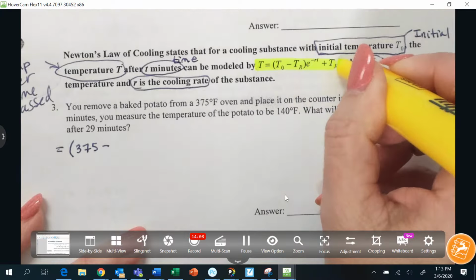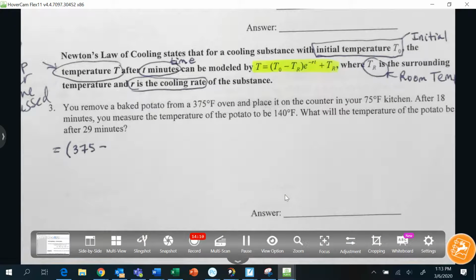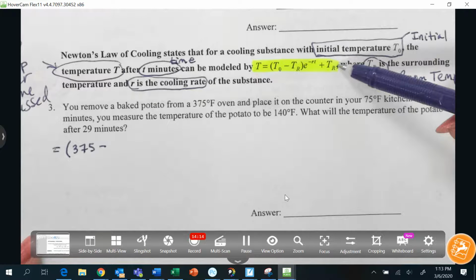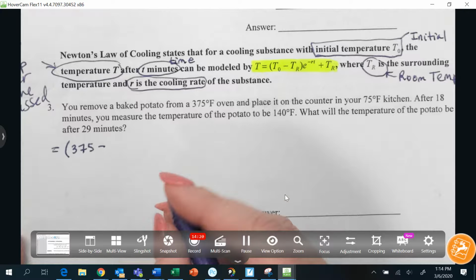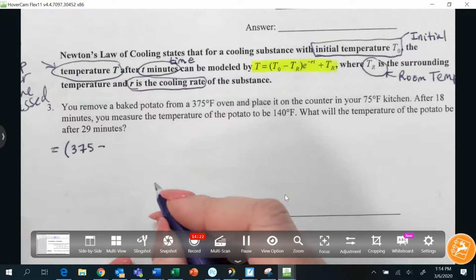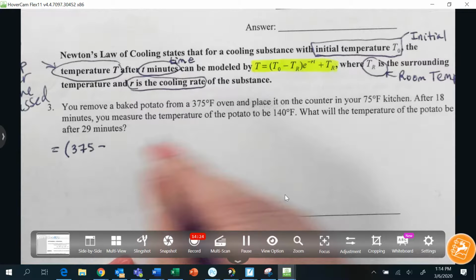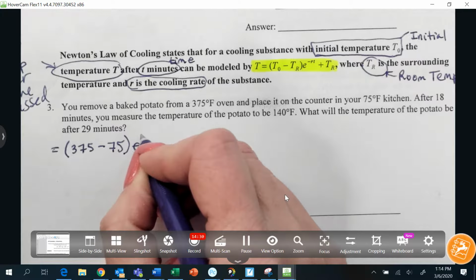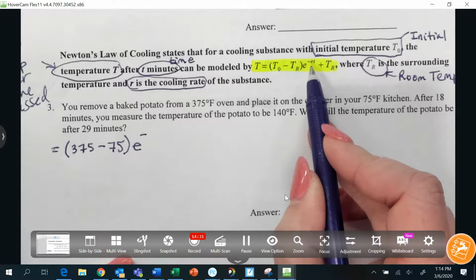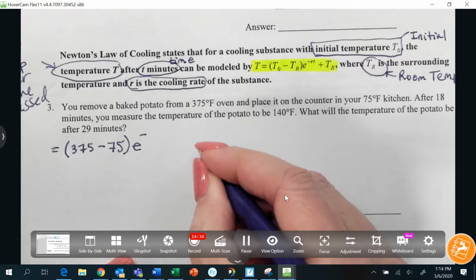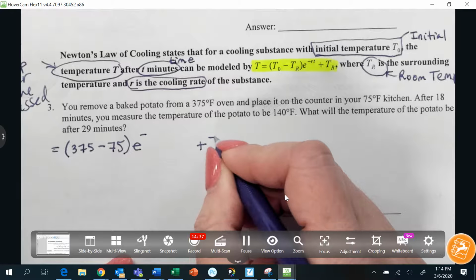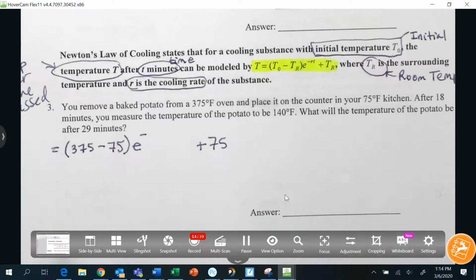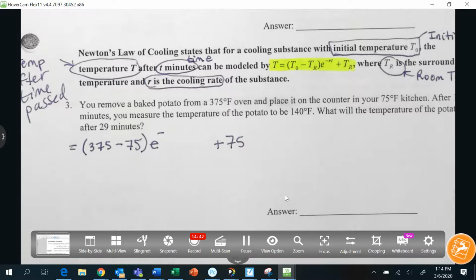T sub R. The rest of the formula is just adding afterwards. E is E from your calculator. So I'm going to subtract 75 here. We're going to have E to the negative, I haven't plugged anything in there. And then we'll have, at the very end of our formula, plus another 75. I haven't plugged everything in yet. That's why I left a space.